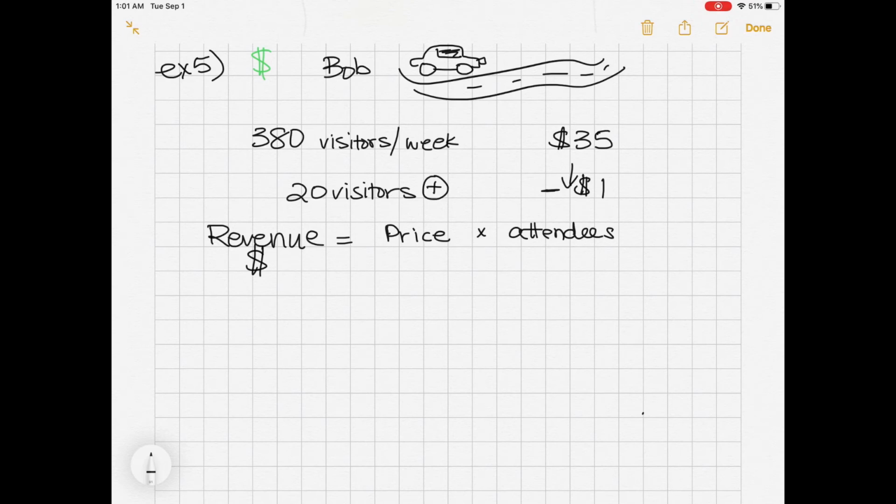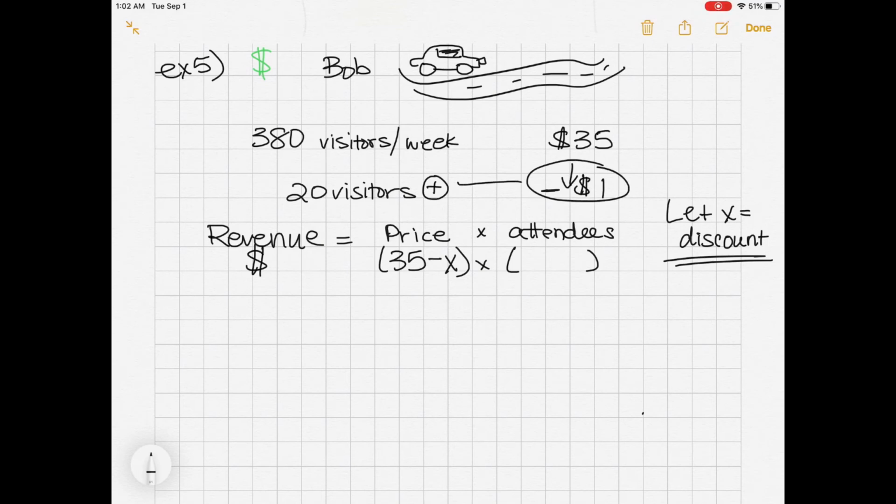So if our price was $35, how much should we subtract from that? How much should we decrease? We're going to let x equal the discount, or how much we're discounting the original price. Now, we do know that every time we reduce the price by $1, Bob figures there are 20 more visitors.